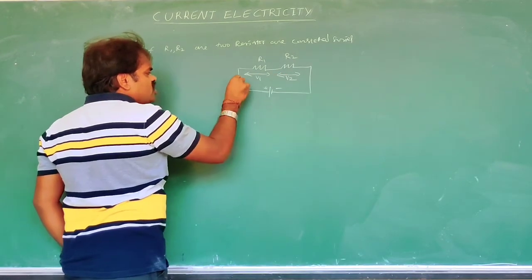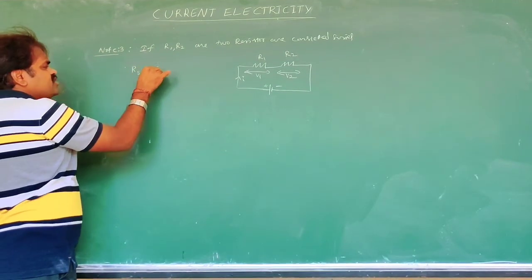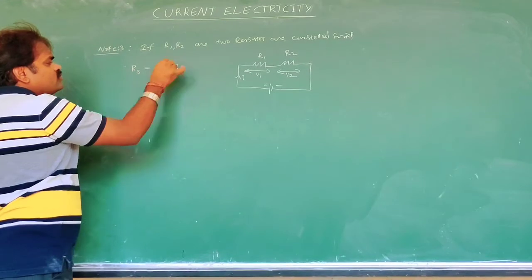In the series combination, the current will be the same. Then the equivalent resistance Rs is equal to R1 plus R2.